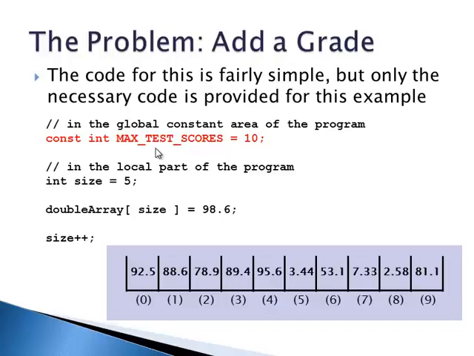The capacity simply means I have 10 buckets that I can put double values in, in this particular case, when I declared that array with max test scores. So I just wanted to point this out. This is capacity, as opposed to what we call size. Size is how many active values, how many values we put in there that are legitimate values.